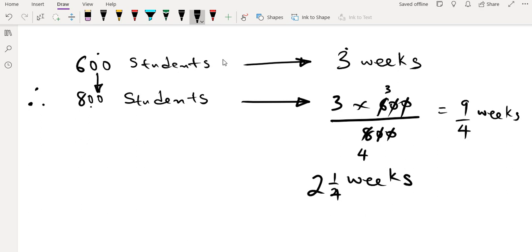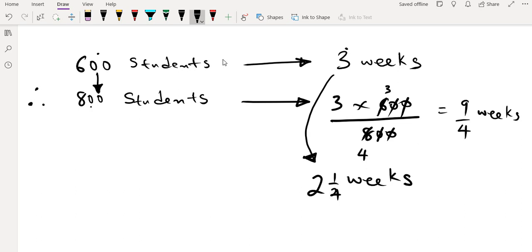There is an increase here from 600 to 800. But we see a decrease in the number of weeks from 3 to 2 and 1/4. Because there is an increase here and a decrease here, it is not a direct proportion. Right? That is the basic way to know direct and indirect proportion.